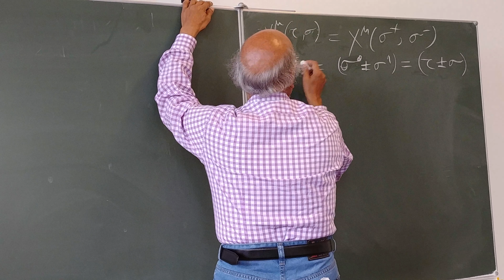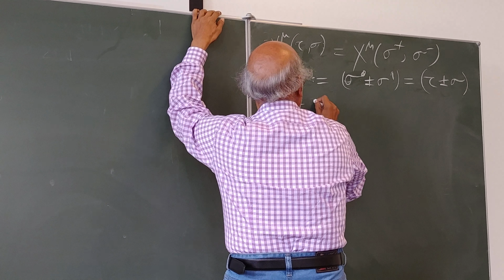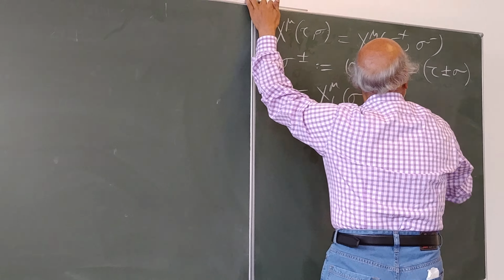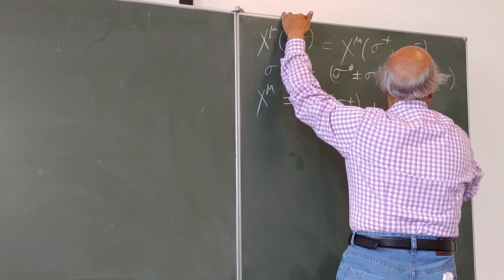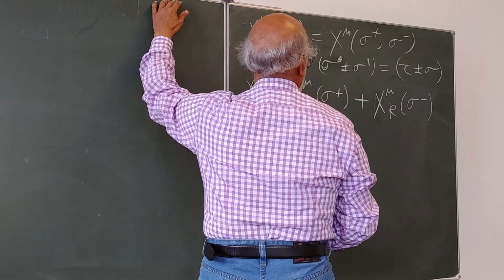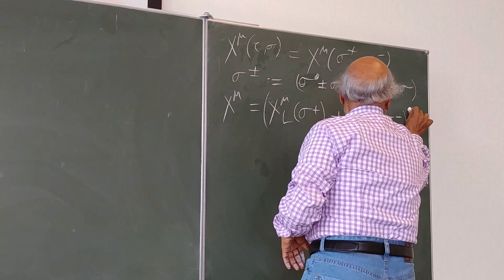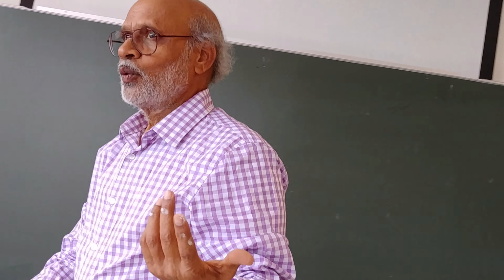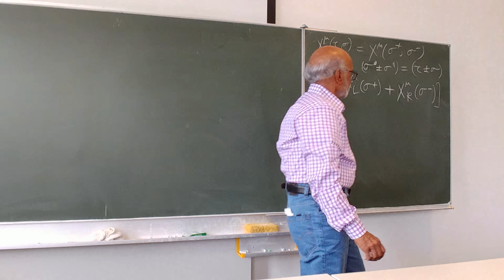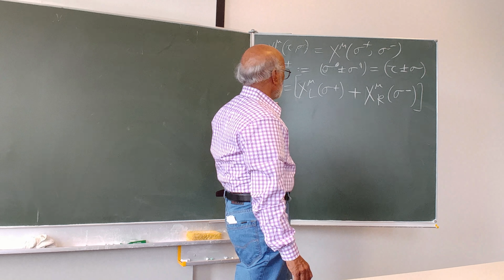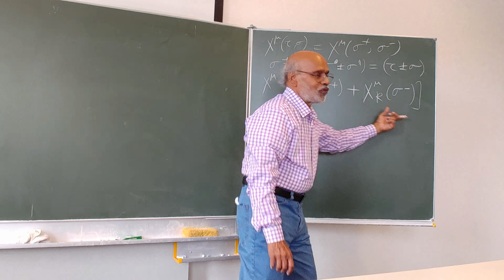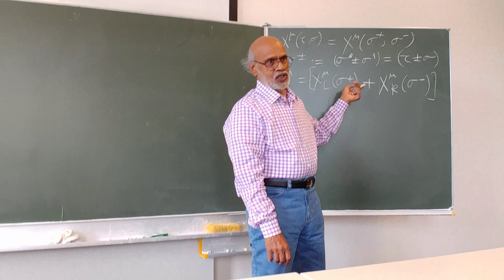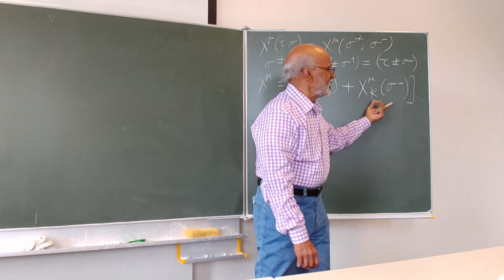Now the situation becomes a little more clear, that we have x mu, which is expressed as a sum of two, x mu of L and x mu of R. One of them is purely a function of sigma plus, and the other one is purely a function of sigma minus.